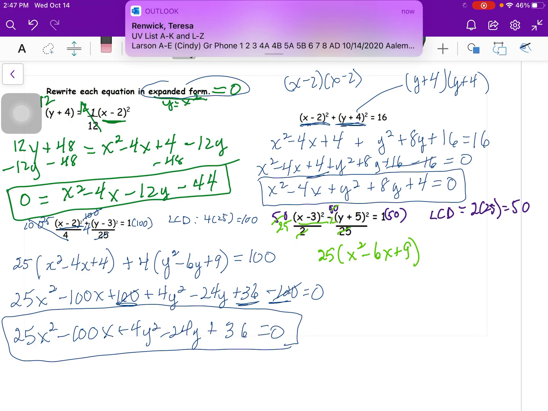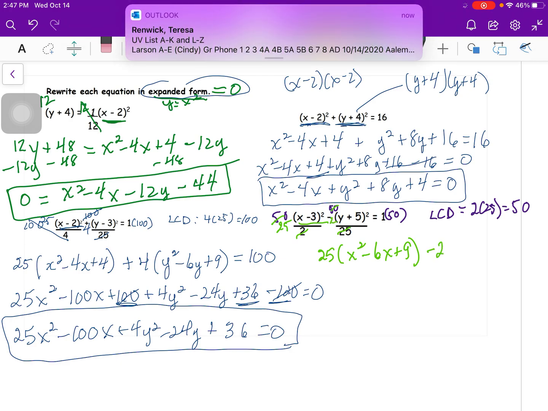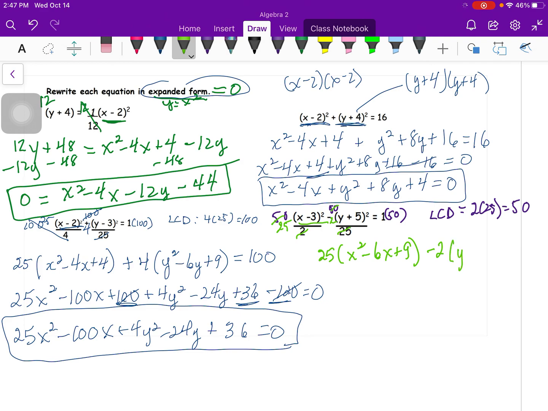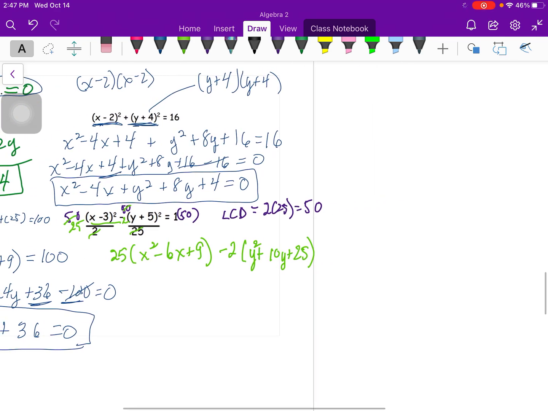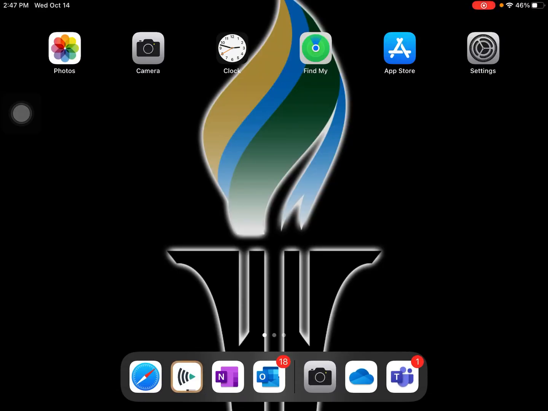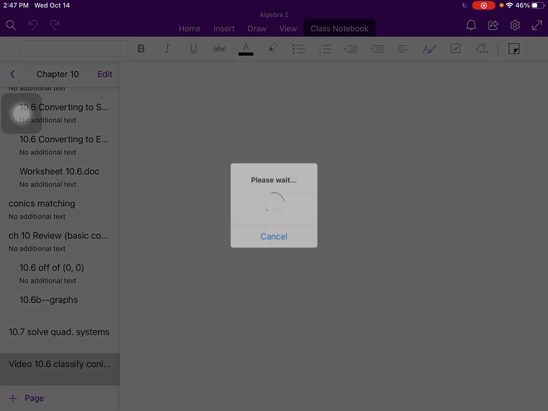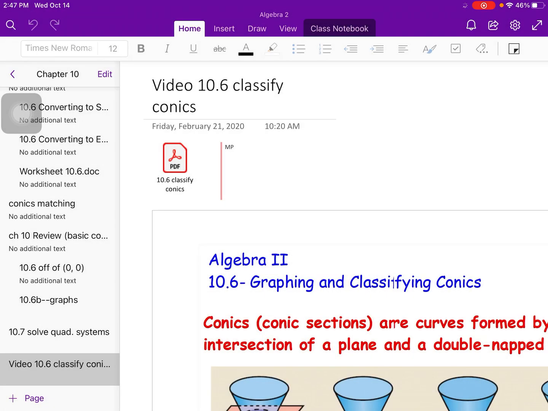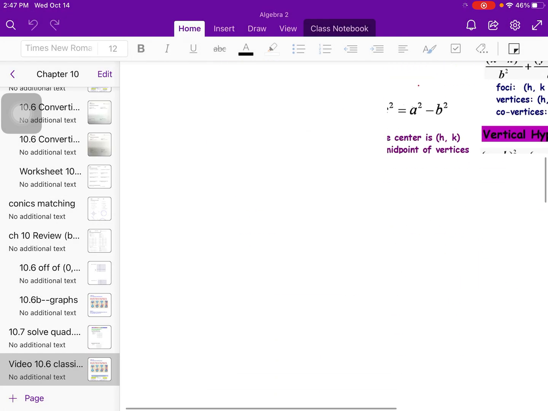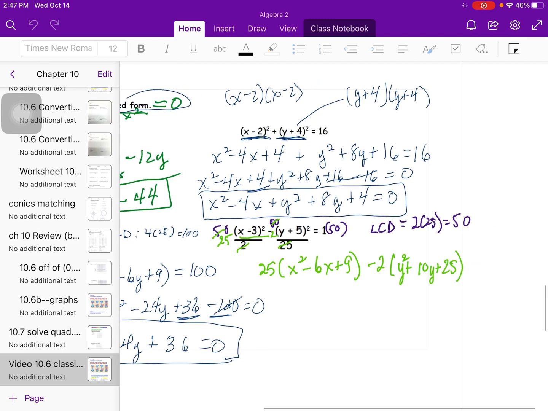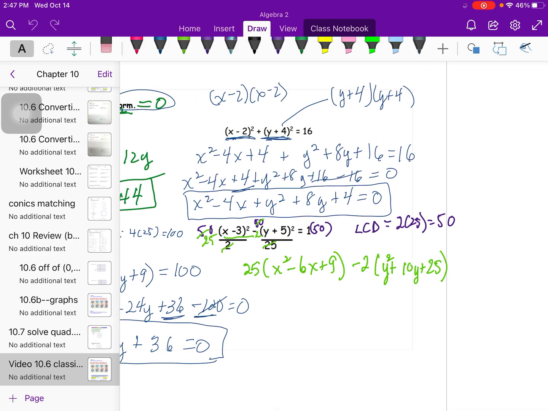This reduces to a 2, so it is minus 2 times y plus 5 squared, which is y squared plus 10y plus 25, equals 1 times 50 is 50.